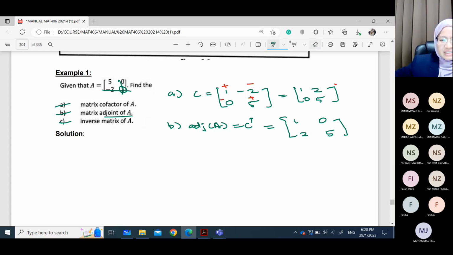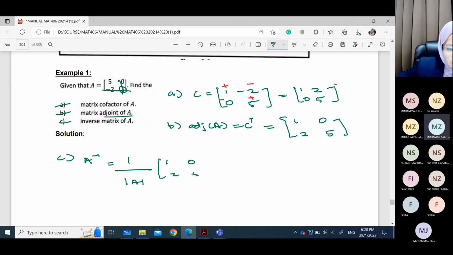Boleh? Boleh. So untuk A inverse. Okay, good. So 1 over determinant of A multiply with adjoint. So adjoint A, this one you multiply dengan 1, 0, 2, 5. Okay, adjoint matrix. So untuk A inverse you akan dapat matrix lah. A inverse matrix, so this one equivalent with 1 over AD minus BC. Darabkan dengan AD.